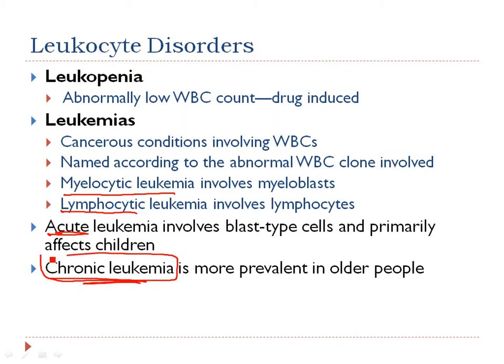Maybe the cells are not dividing as quickly as they do in the cases of acute leukemia. And yes, they may ultimately be fatal, but probably it's going to take a longer time for them to become fatal in general. Chronic leukemias are more prevalent in older people. Acute leukemias are more prominent in children and younger adolescents.